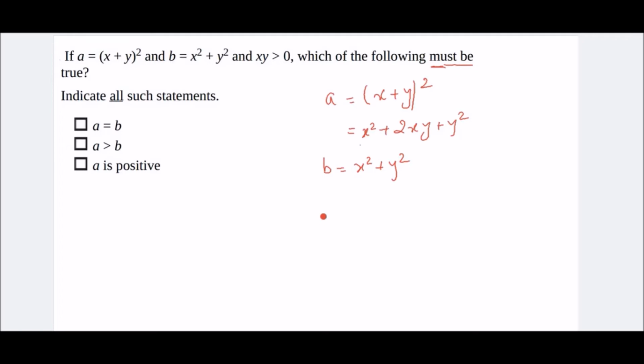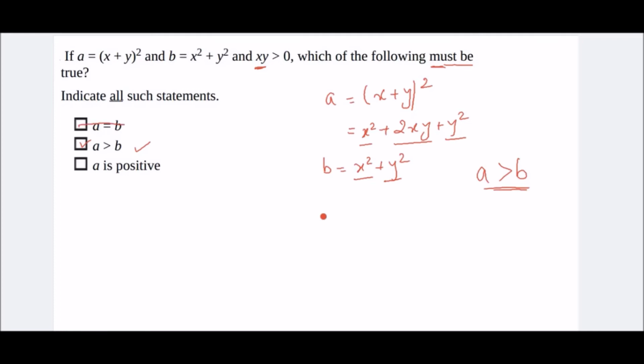See, in a and b, x square and y square are common, but in a there is a plus 2xy. In the question xy is greater than 0, so xy is a positive value and a is obviously going to be greater than b. So the second choice will be true, and the other one, a is equal to b, is not possible, right? Because a is greater than b, that's why it's not our choice.